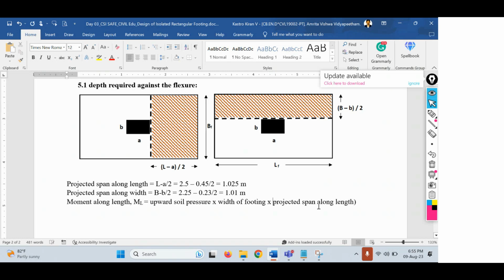So projected span squared divided by 2. This is how you find the moment along a particular dimension.